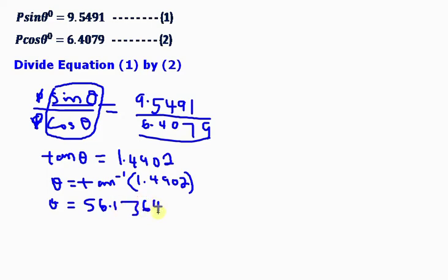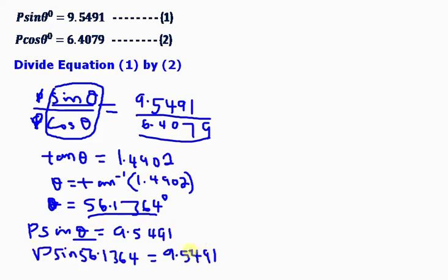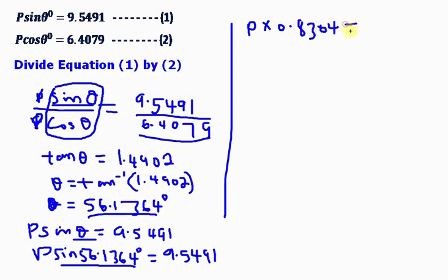56.1364 as theta. To get P, you are going to substitute for theta in either of equation 1 or equation 2. So let's use equation 1. Equation 1 states that P sine theta equals 9.5491. So replace theta here with this value. Now sine 56.1364 is 0.8304. So P multiplied by 0.8304 equals this.